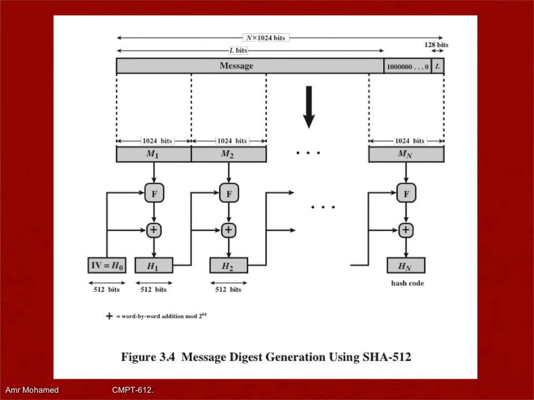So that's how SHA-512 looks. First you take a message of any arbitrary size, which is less than 2 to the power 128 or whatever. And then the first thing you do is break it into blocks of size 1024.